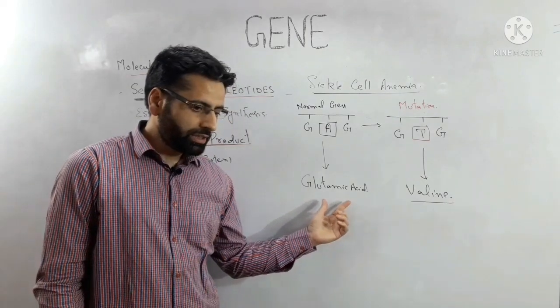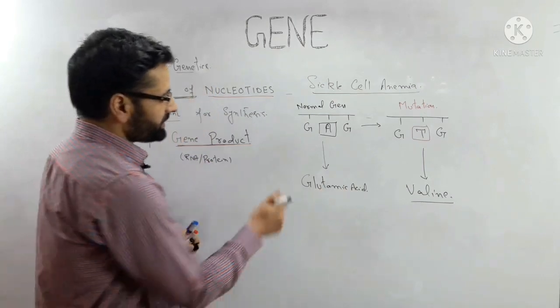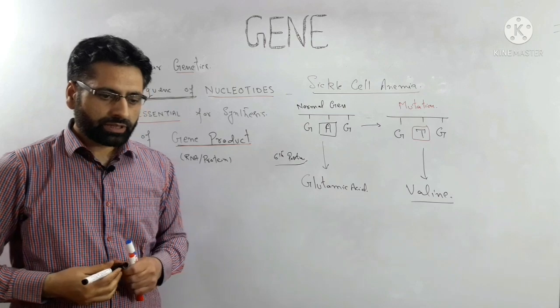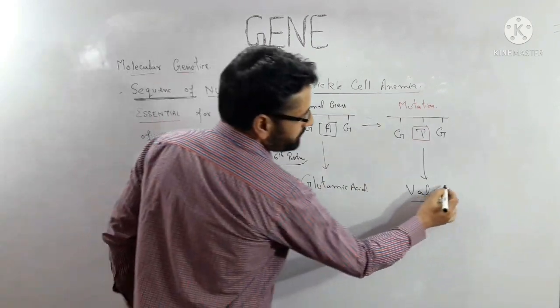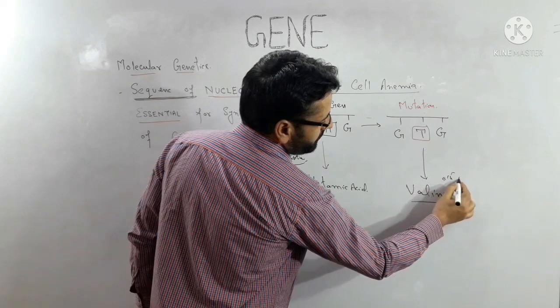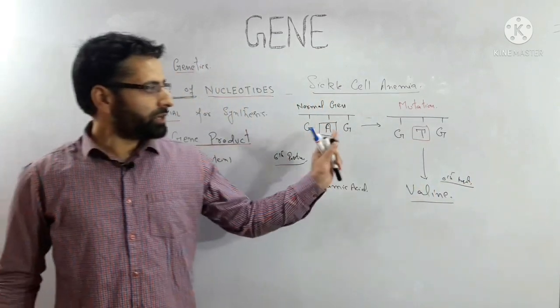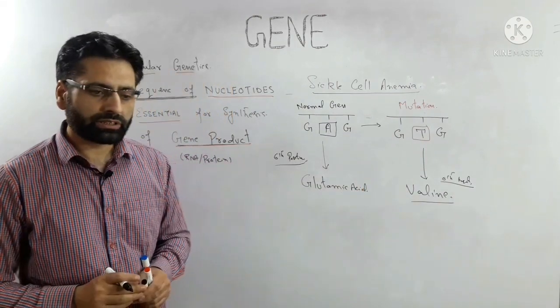In the normal hemoglobin, we have glutamic acid at the 6th position of the beta chain, and when the point mutation occurs, we have valine at the 6th position. So after mutation, a valine replaces this glutamic acid.